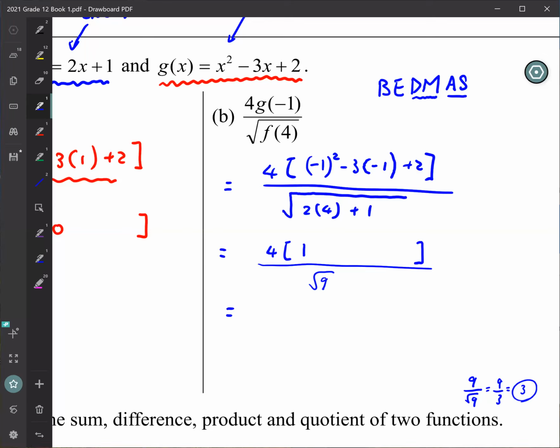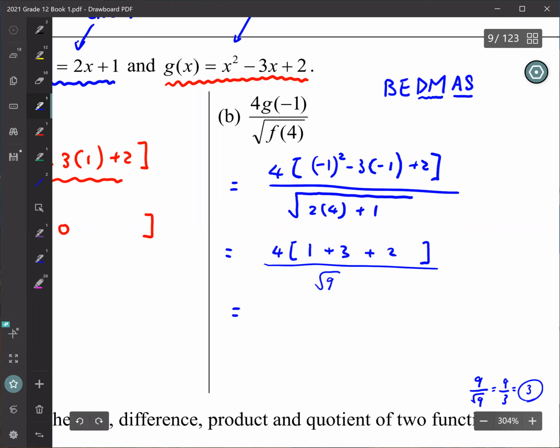What's that? 3. So it'll be +3, right? So you write +3, and then plus what? 2, right? Okay, now what do you do next?